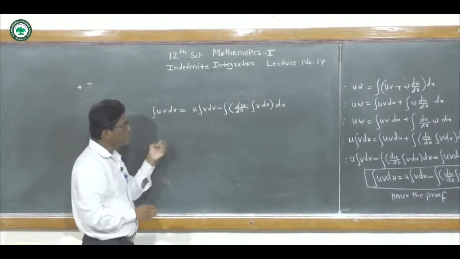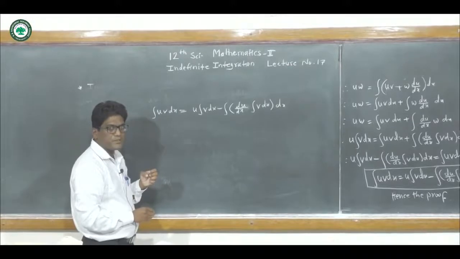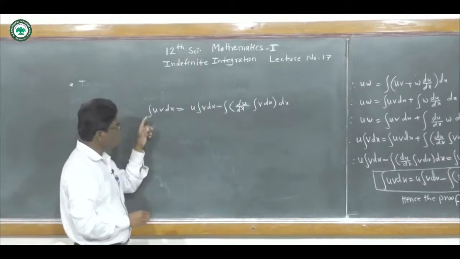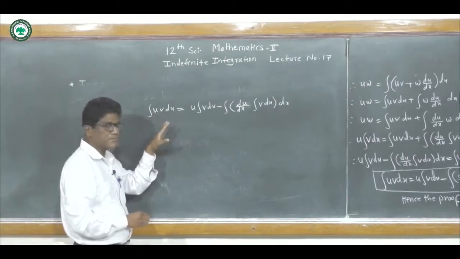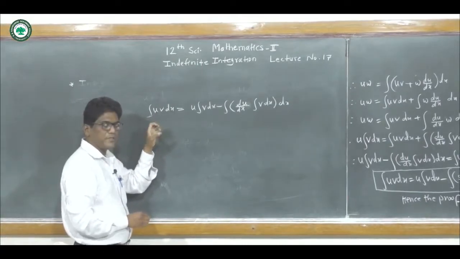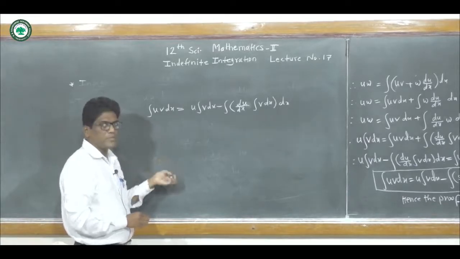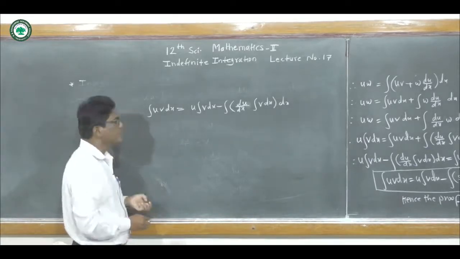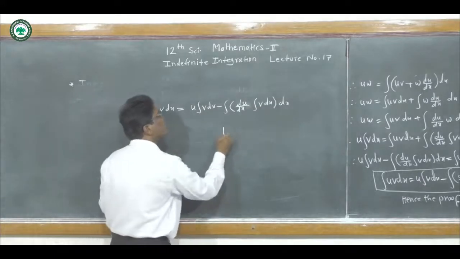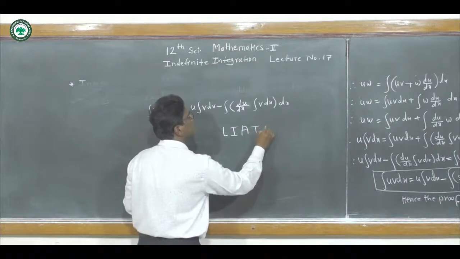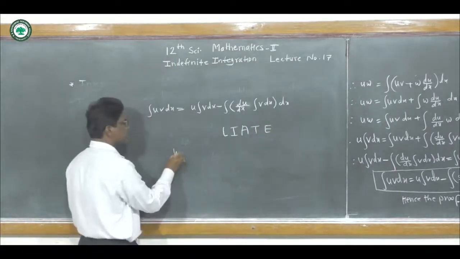Now it is very important to make the choice of the first function and second function. The choice of u and v depends upon the first function, which will be the one that appears first in the order of the letters LIATE, L-I-A-T-E.